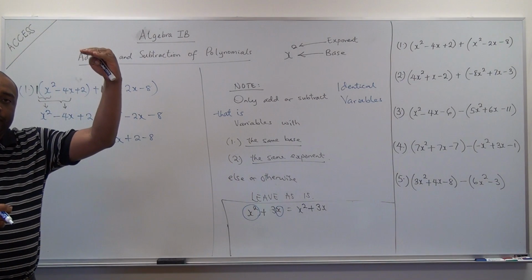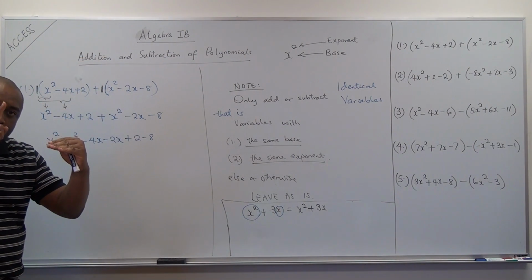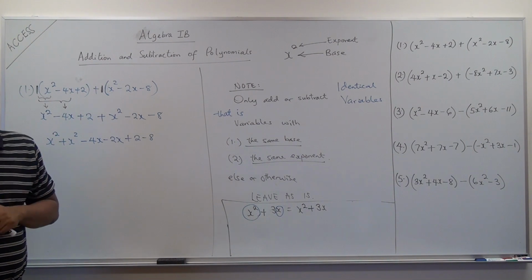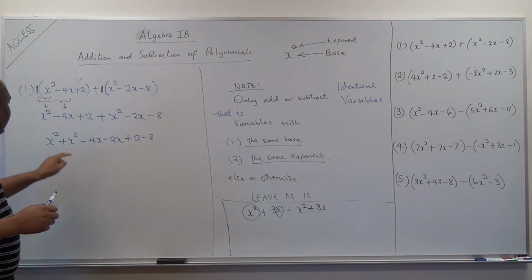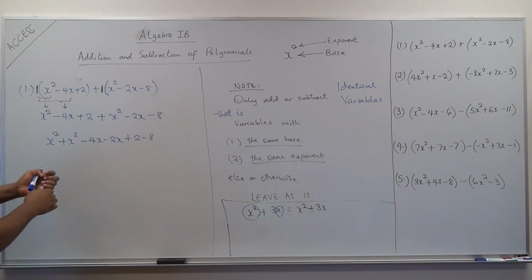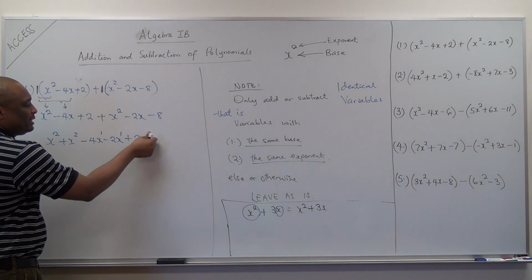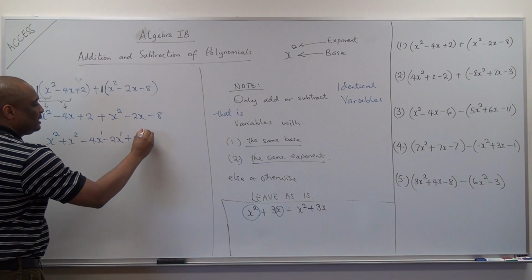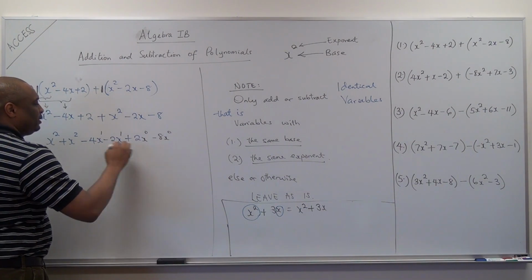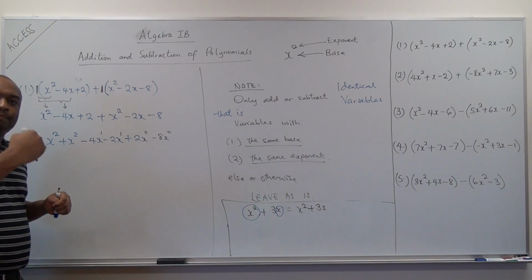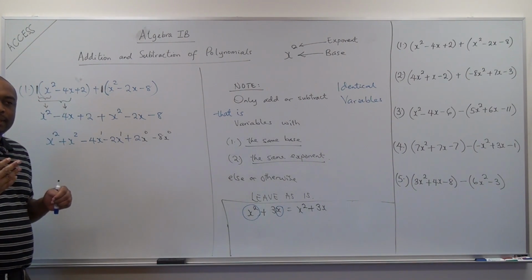You start with x squared, x raised to power 1, then x raised to power 0. Remember that x raised to power 0 is 1. So we want to start with 2. Then of course, you know that this is 1. And of course, you know that 2 minus 8 means like 2x raised to power 0 minus 8x raised to power 0. So we want to start in decreasing powers from the greatest to the least.